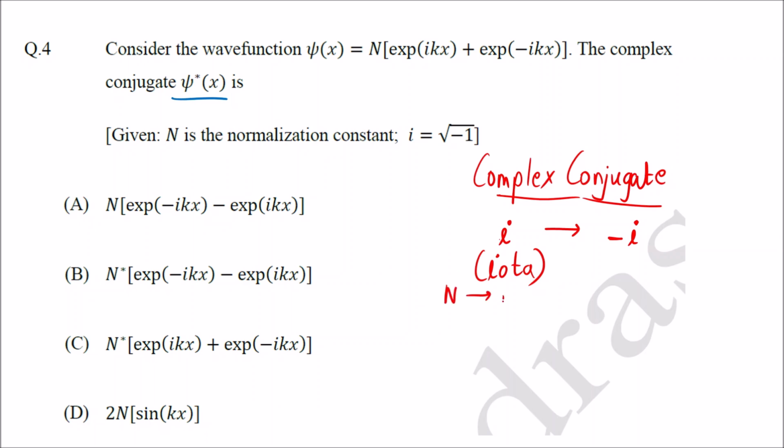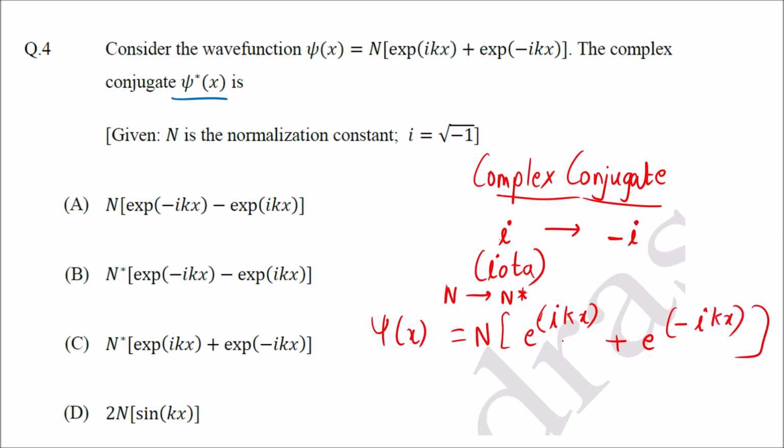N will become N star. Okay, so what is the wave function? Psi of x is equal to N, and the exponential I can write as e raised to i kx plus e raised to minus i kx. Okay, this is the expression.